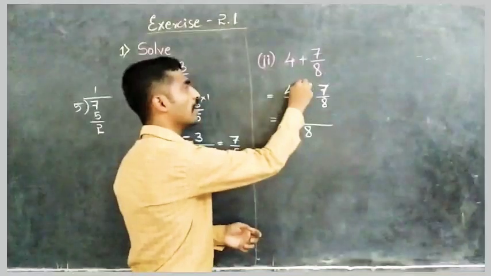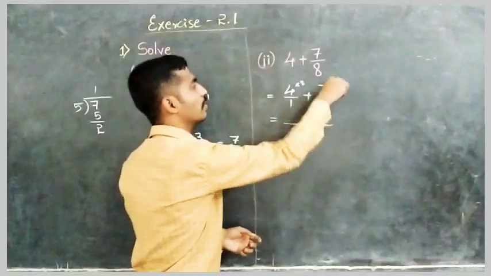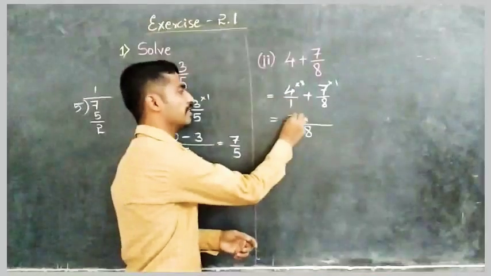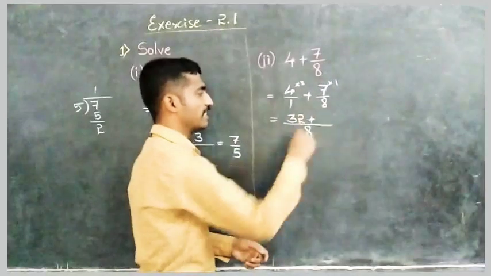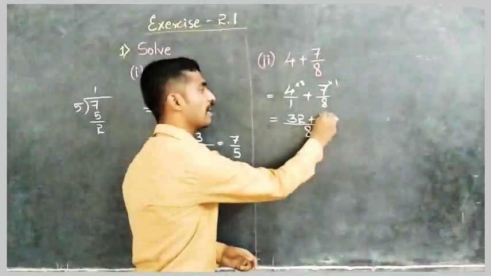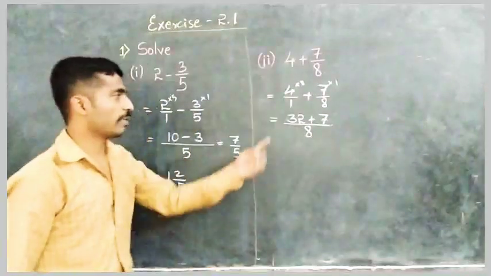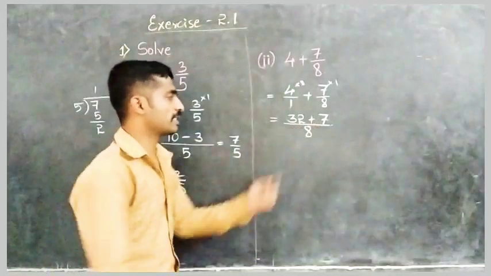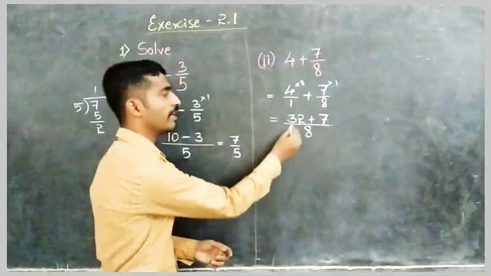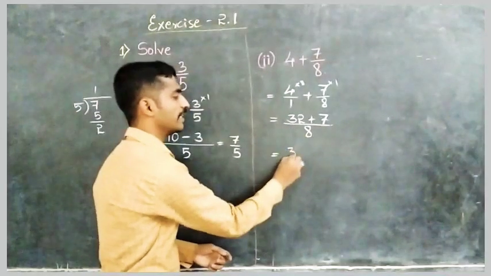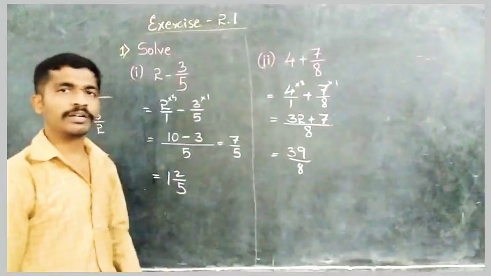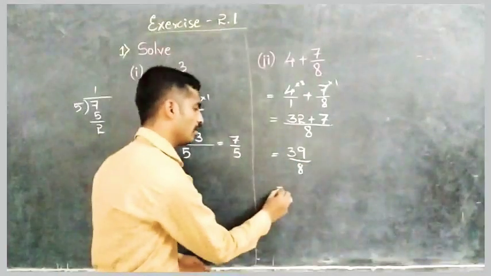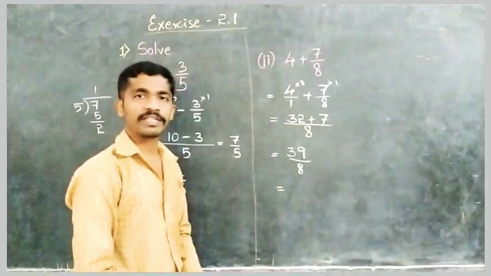Okay, 1 8s are 8, 1s are 4 8s are 32, plus 7 1s are 7. So our answer will be 32 plus 7. So it will be 39 by 8.